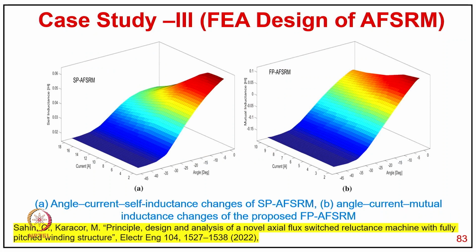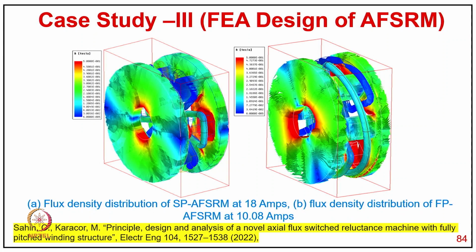And then the variation of self inductance for short pitch and full pitch. So you can see here the inductance variation is much better in the case of full pitch winding. And then the flux density distribution of short pitch and full pitch winding in the 2 cases.